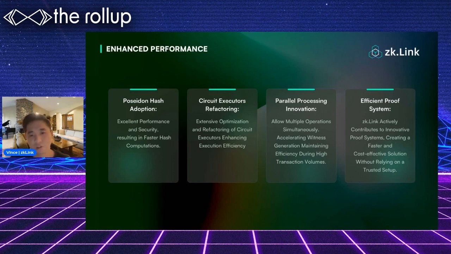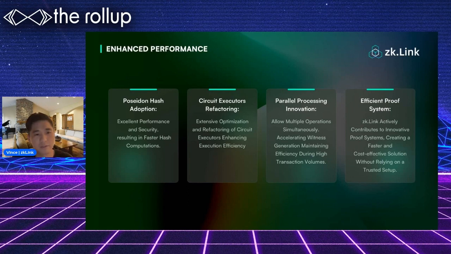We have done internal benchmark work with Nova, Hypernova, and Supernova. The folding scheme is very interesting for our implementation because our circuit is a mid-sized circuit compared with type 2 or type 1 ZK EVMs.